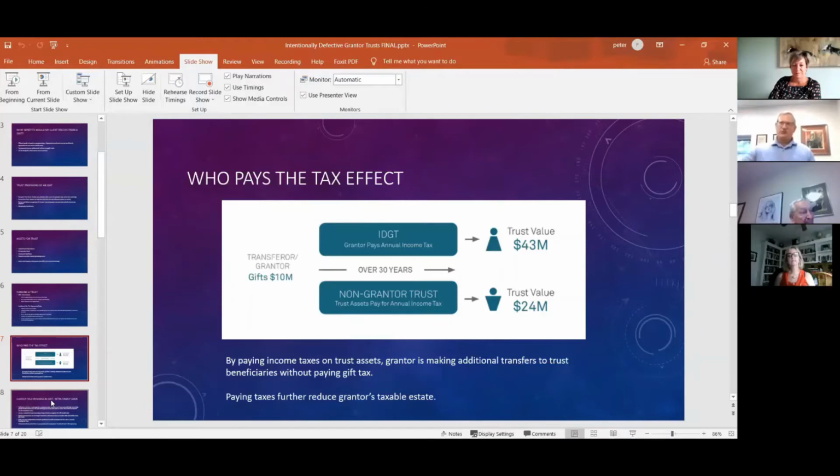Let's just say that we moved some non-voting shares of a closely held business into that trust. There are distributions that come out of the business that are going into the trust. Either I, as the grantor, am responsible for paying the tax, so I can go into another one of my assets that's in my estate and pay the tax.